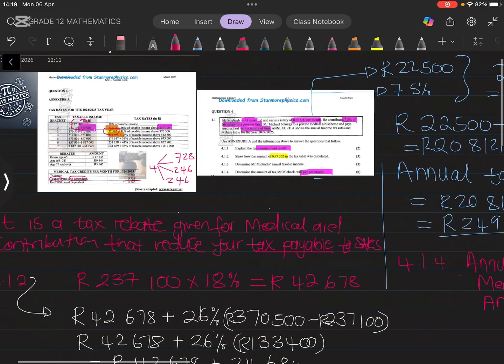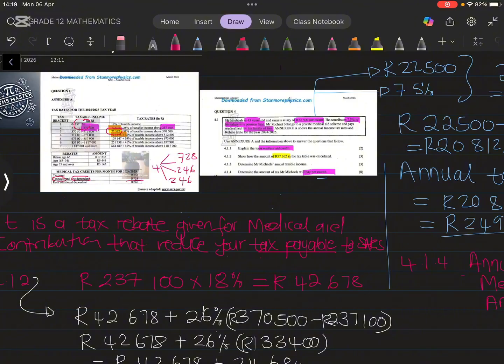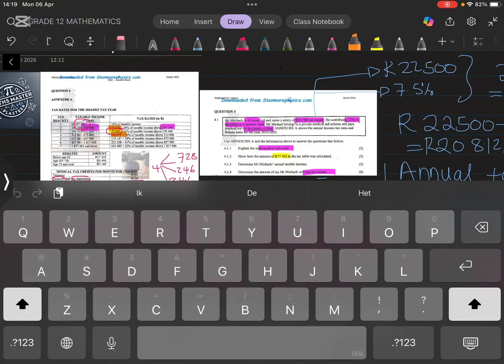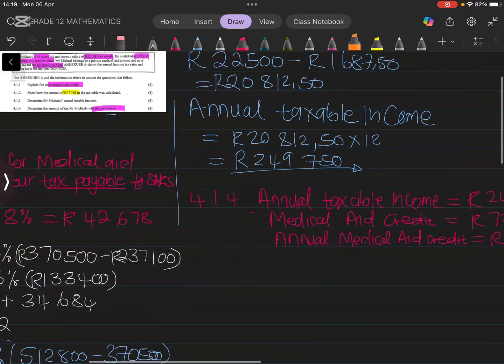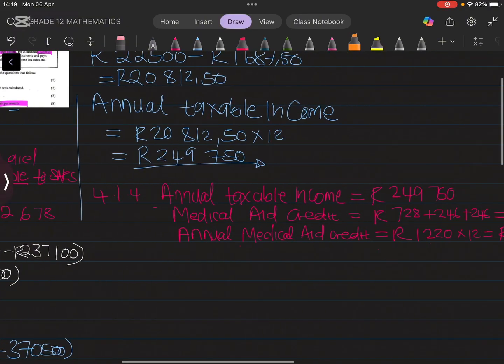Okay, so again, we need to take into consideration that we have rebates, which is a relief to tax based on the age. Mr. Mitchell is 45 years old, so he falls under the first bracket, which is 17,235.